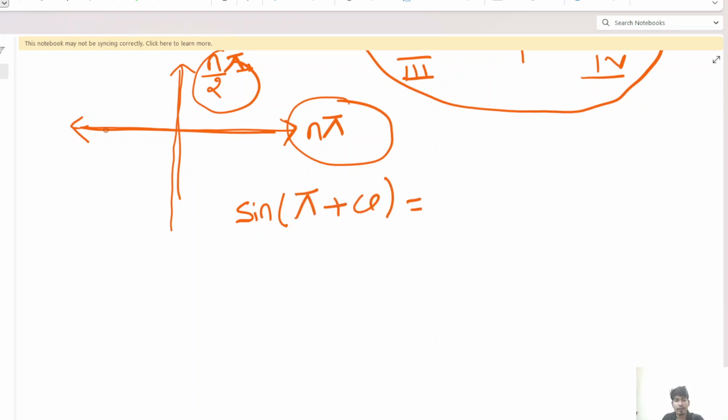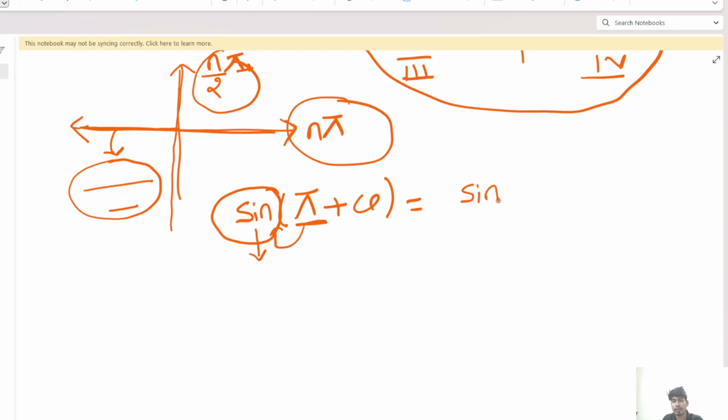We know here is pi, then pi plus theta is here, in the third quadrant. We know sine theta is negative in the third quadrant, and on pi the function has no change, so sine of pi plus theta is sine theta, and it is negative because sine is negative in this quadrant.